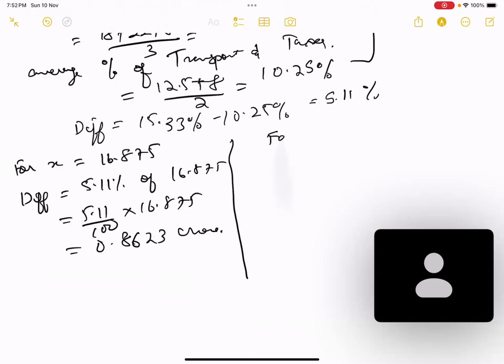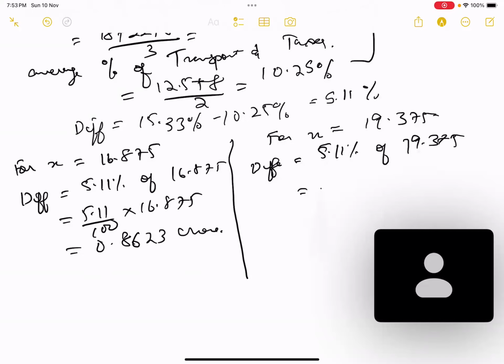And for X equal to 19.375, the difference is 5.11% of 19.375. This will give us a value of 0.994.